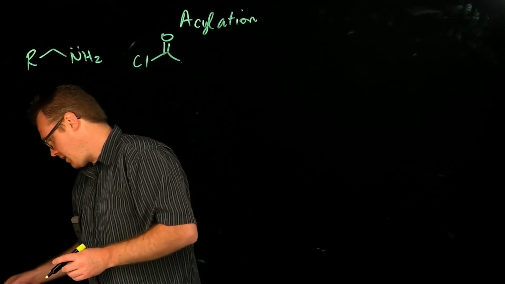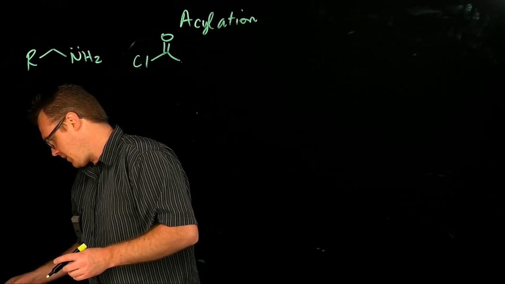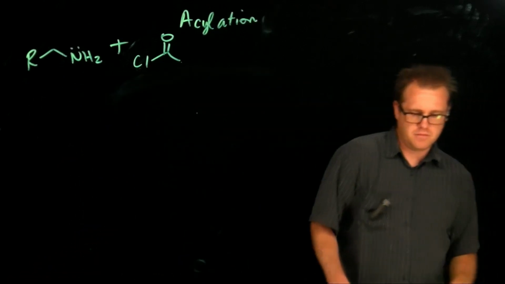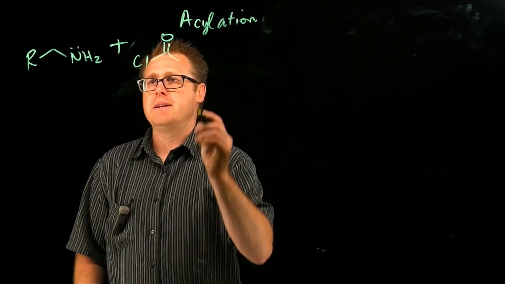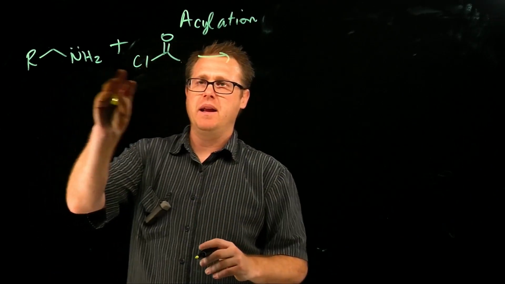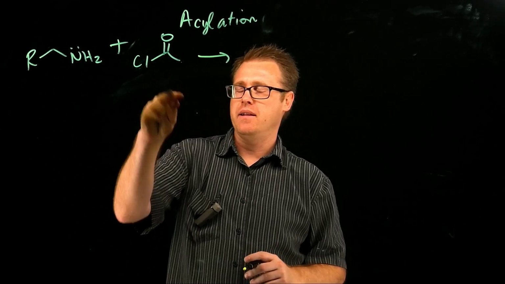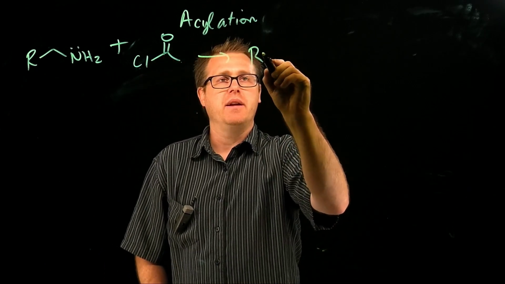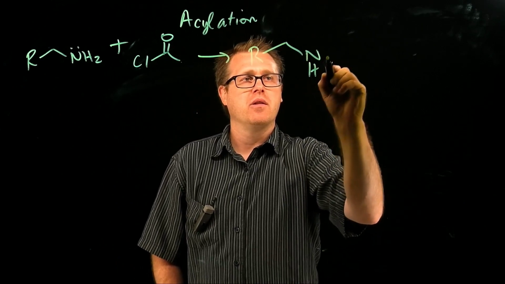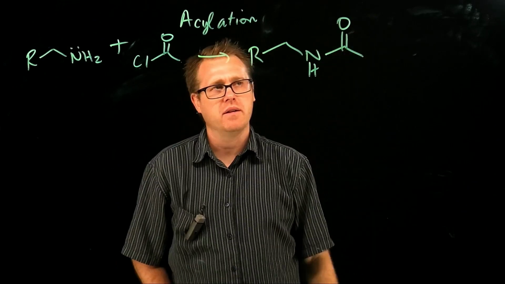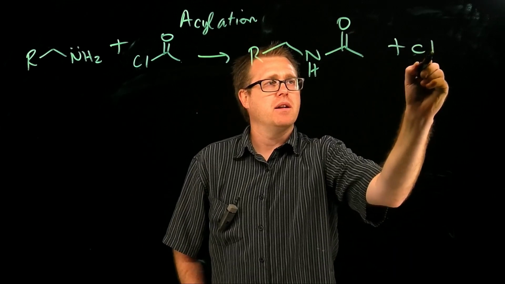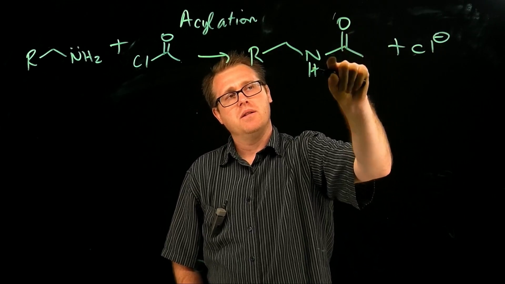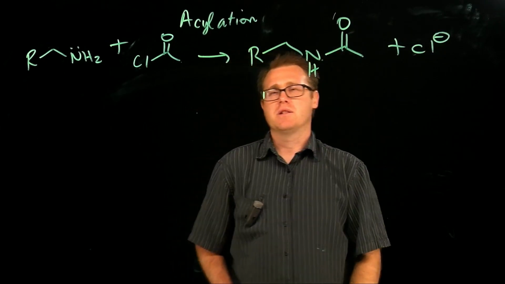Let's see here. If we have a primary amine and we have an acid chloride, and in this case, acetyl chloride, what are we going to generate? All right. Do you see how we put an acyl group onto the nitrogen? So we acetylated it.